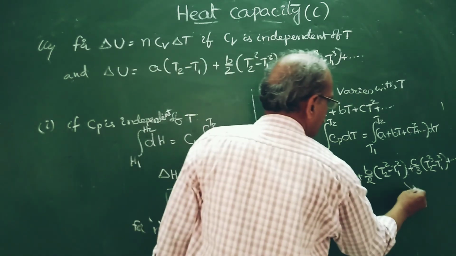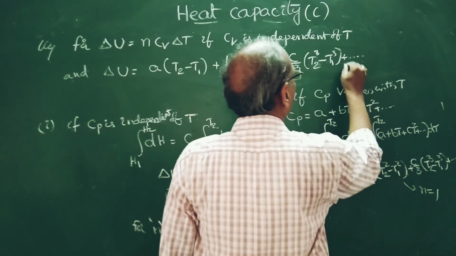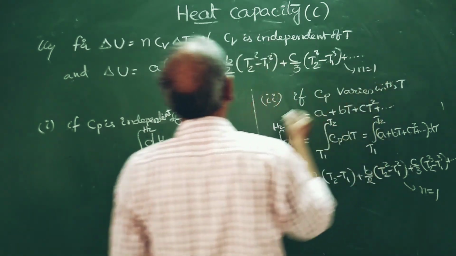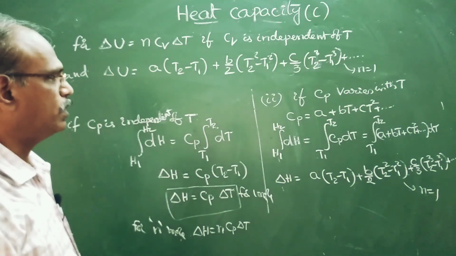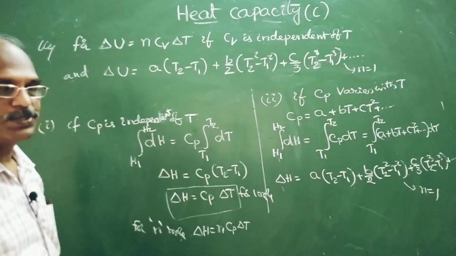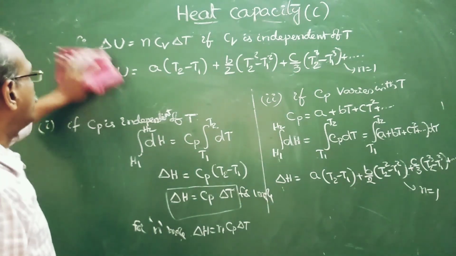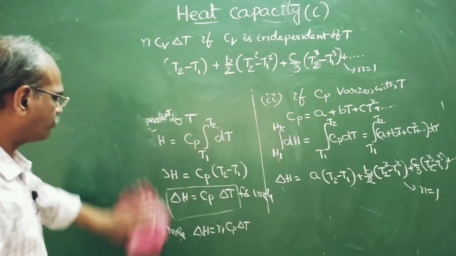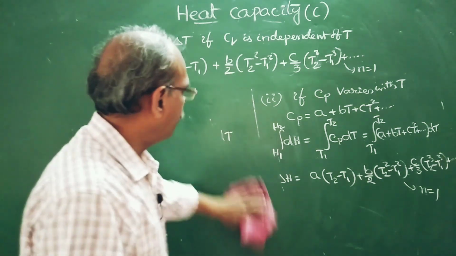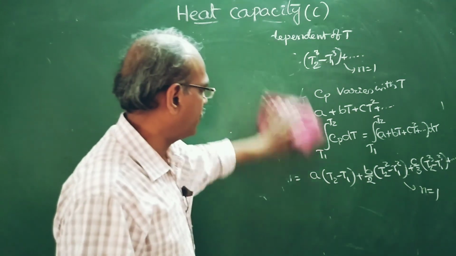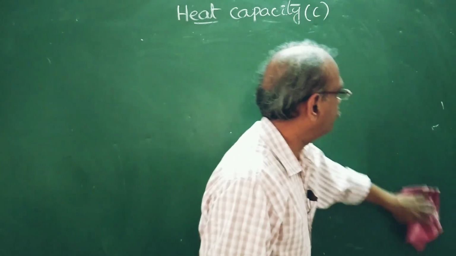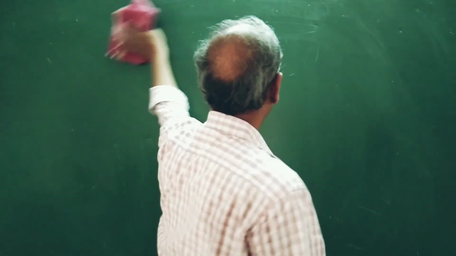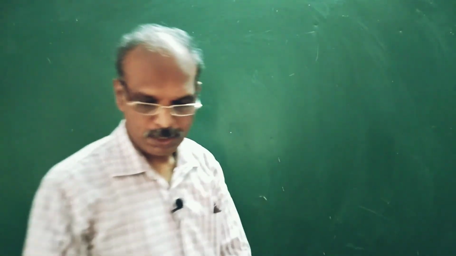Remember that this is for n is equal to 1, but the first one is for n moles. So these are the different relations related to Cp and Cv. We can use these formulas depending upon the data given in the problem. Okay. So this is about heat capacity.